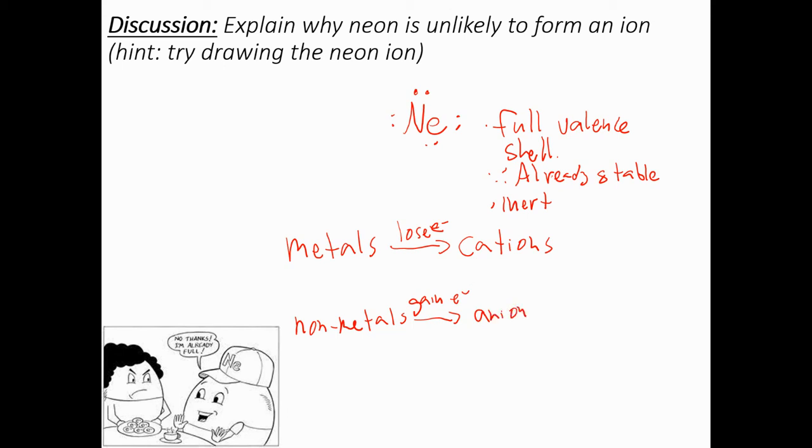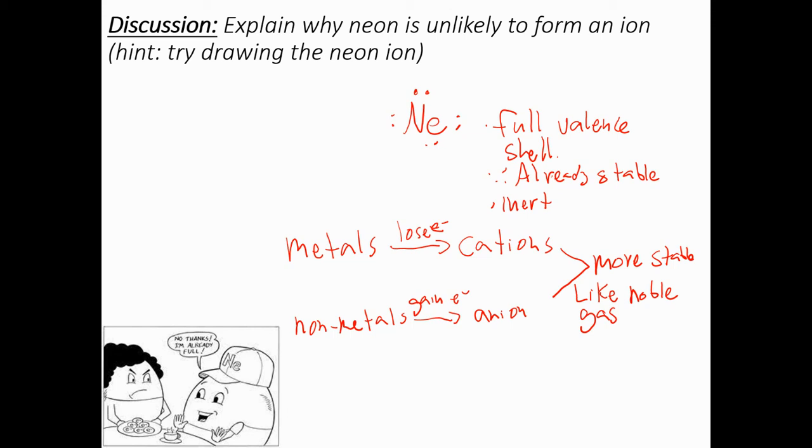And in doing this, they become more stable. These are more stable. And they're more like the noble gases. So a metal will lose electrons to become like a noble gas, and a non-metal will gain electrons to become like a noble gas.